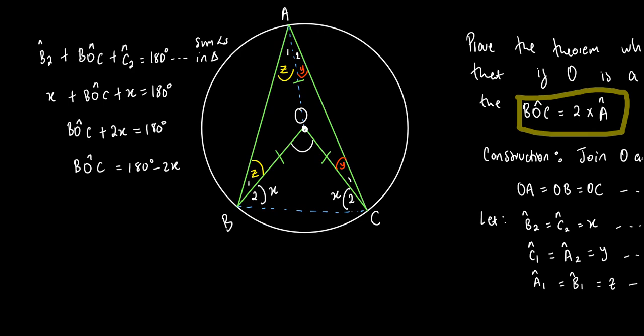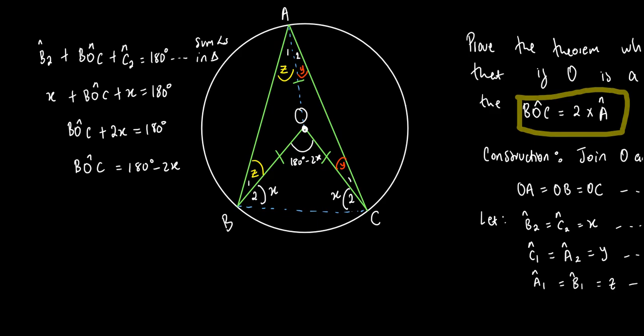In terms of how we got BOC, we are in agreement that BOC is 180 minus 2x. It's fine. All right, great.